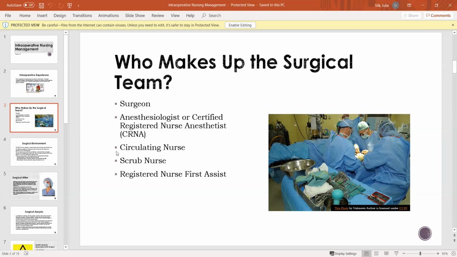This person is the one that documents everything that happens in the OR, like the time the surgery started and any adverse events that happen during the surgery. This person also protects the patient's safety during the surgery.